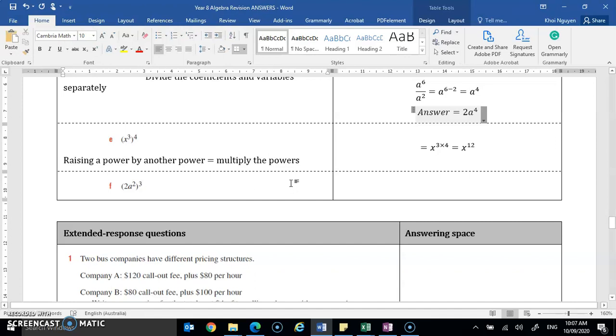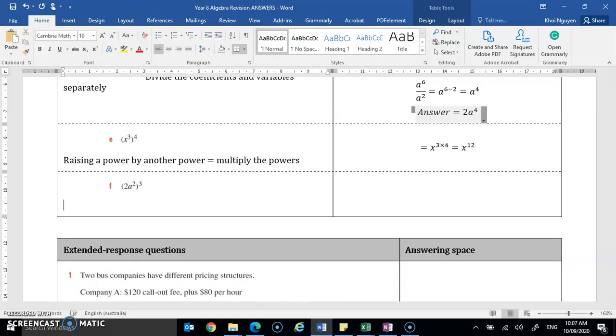Now, f, we have 2a squared inside brackets raised to the power of 3. What's happening here is that the power outside applies to everything inside.